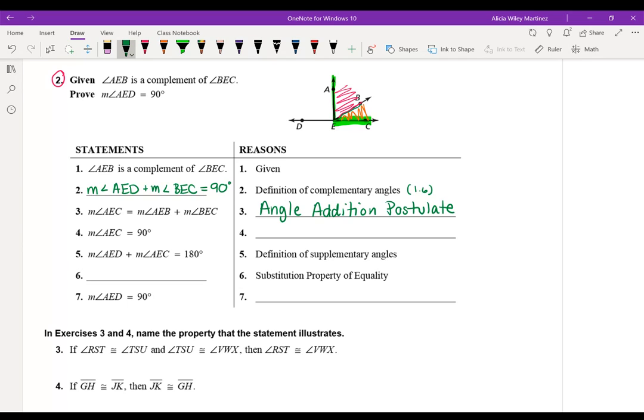The next thing that they state is that the measure of angle AEC equals 90 degrees. Okay? So I don't see in the picture where that would come up. If you don't see it in the picture, remember I suggested that you look in previous statements. So let's see. Here is the measure of angle AEC, and then here's where I've mentioned 90 degrees before. If you notice, both of those things equal the same thing, and I wrote the wrong letter here.